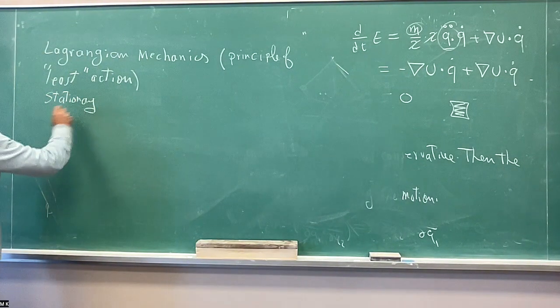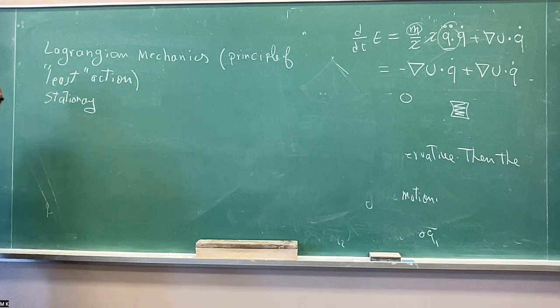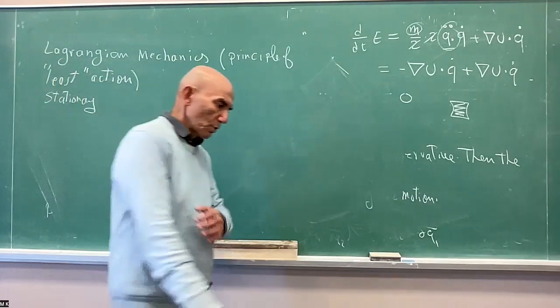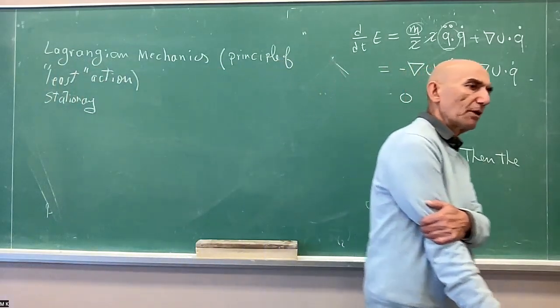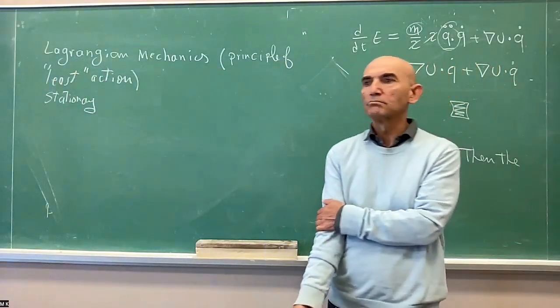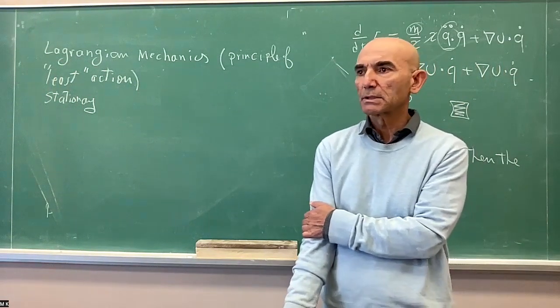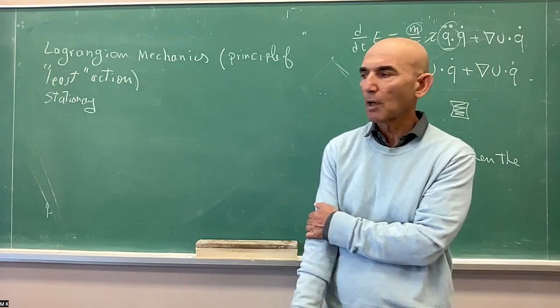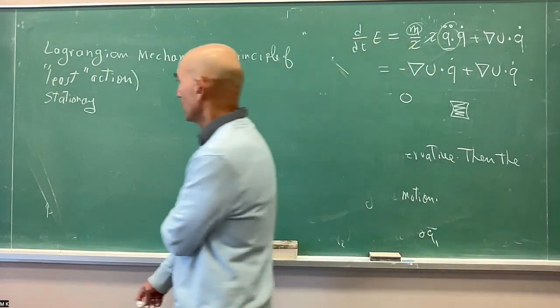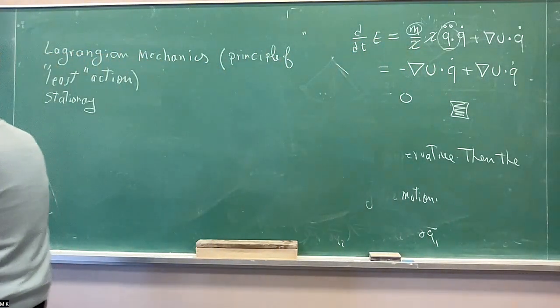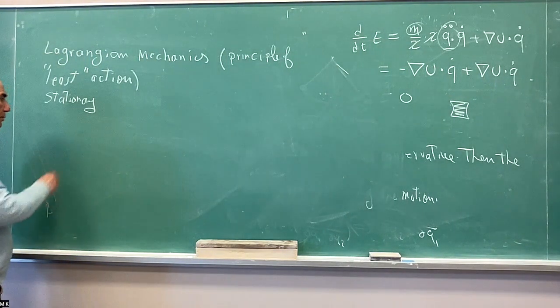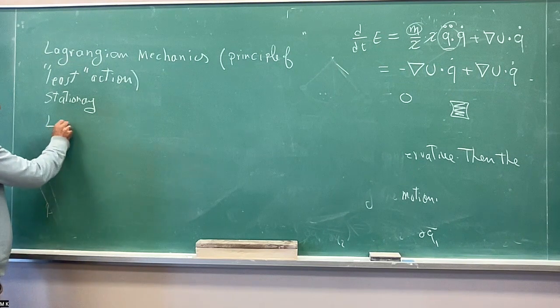I'll tell you what we mean by stationary action. It's a totally different foundation for mechanics. It's amazing that this existed. I mean, this is somehow quite remarkable. So now the starting point is this thing called the Lagrangian.